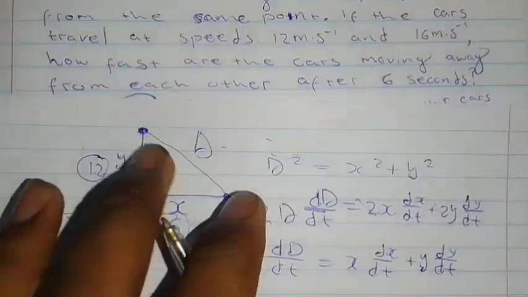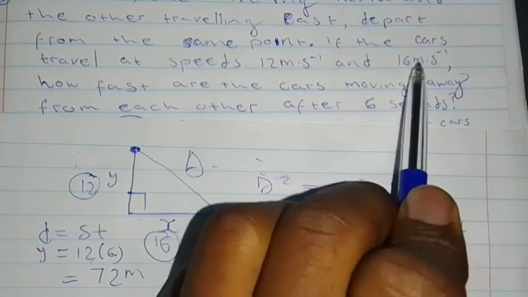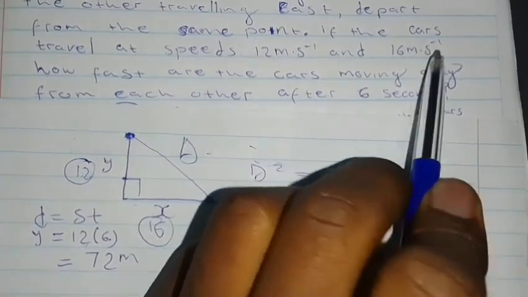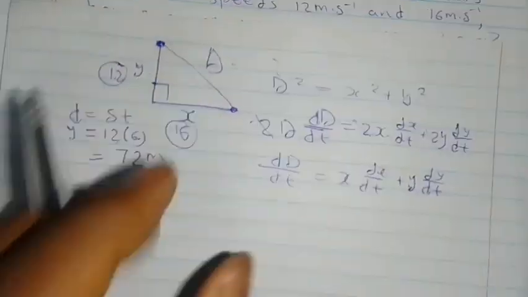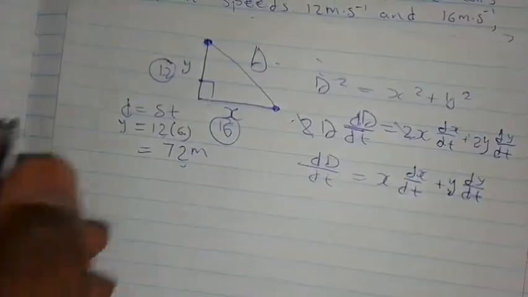And it will be in meters, because we were given 16 meters per second. That already tells you your units. That's your y. Similarly, you can get x.